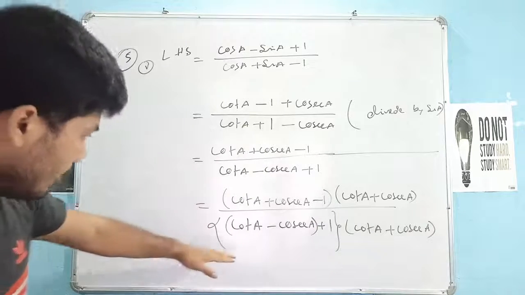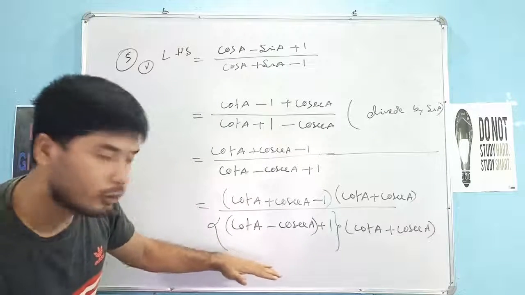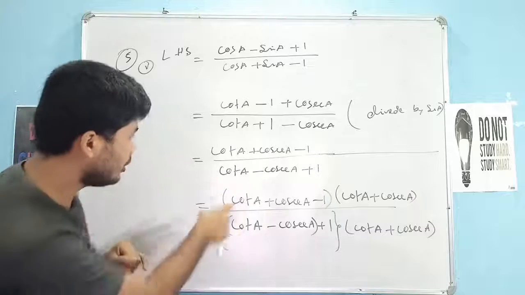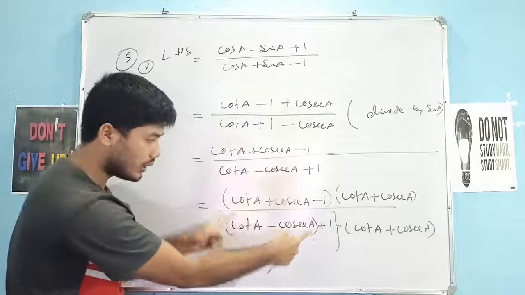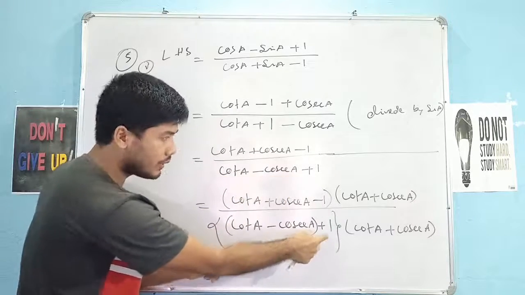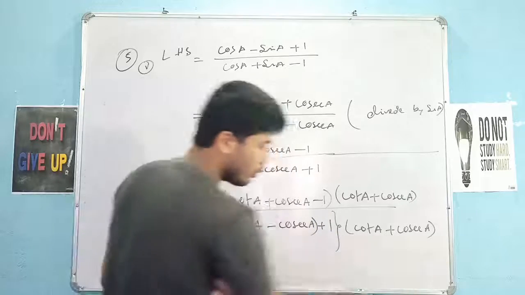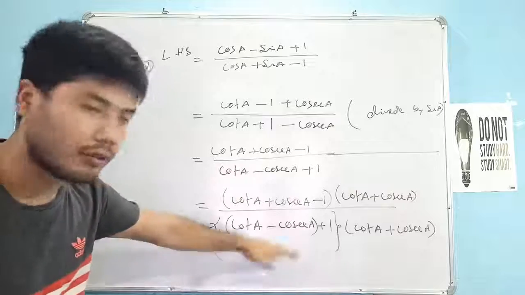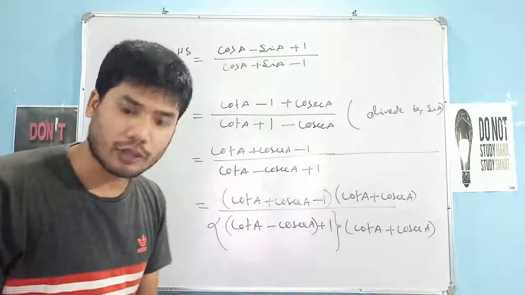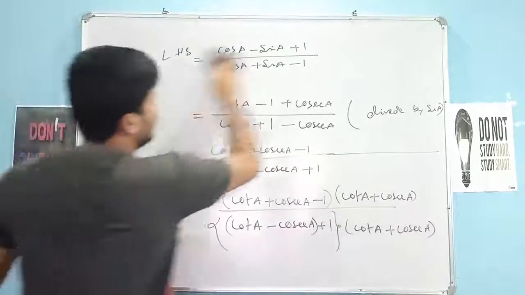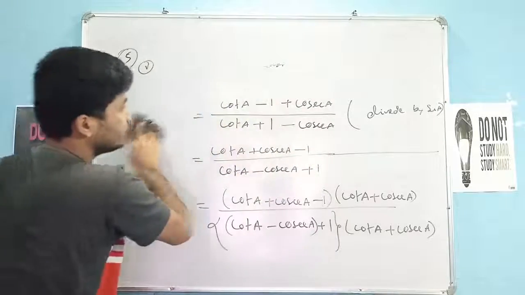What we have done? We did something very unique. Look here. First we grouped cot a minus cosec a, and kept plus 1 extra. Then we multiplied cot a minus cosec a by cot a plus cosec a, in both numerator and denominator. Okay, guys. Now, wait a minute.